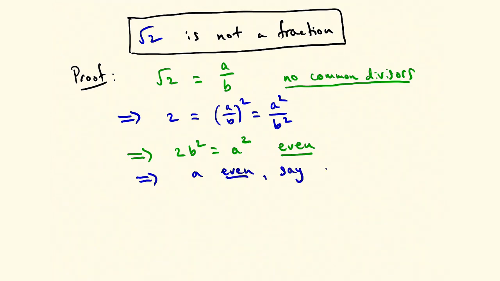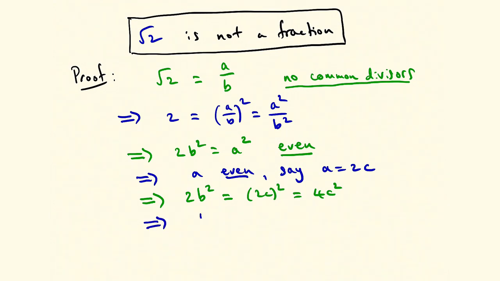Say a is equal to 2 times c for some counting number c. So if we go back to the previous line, we've got 2b squared is equal to a squared, but a is 2c, so that's 2c all squared, which is 4c squared. Okay, so now we divide both sides by 2, and we conclude that b squared is 2c squared.